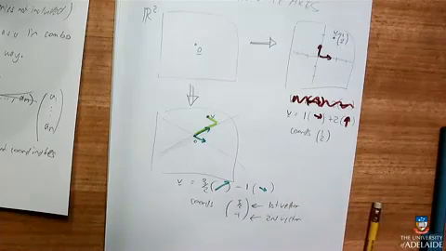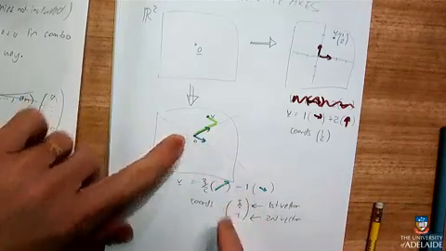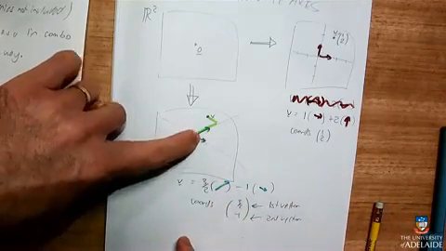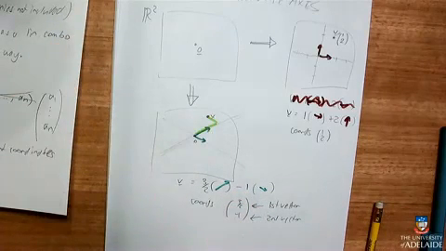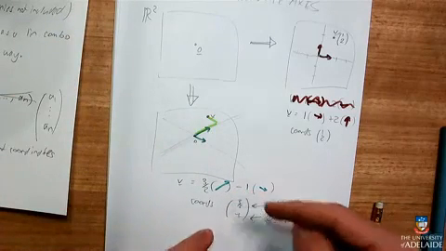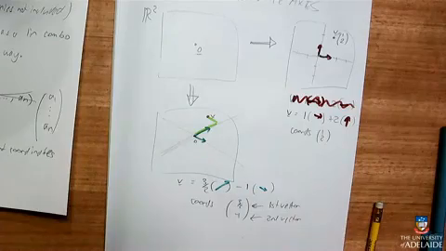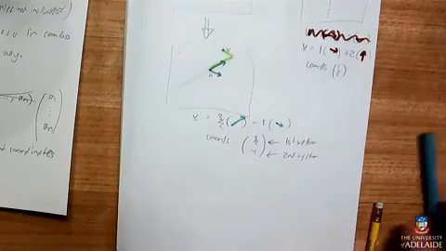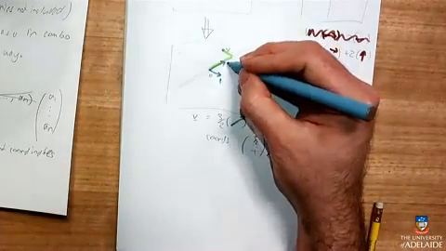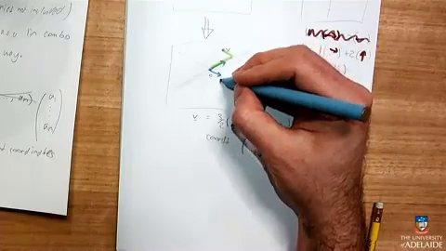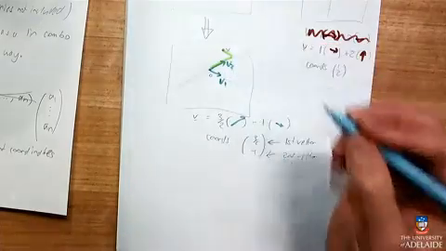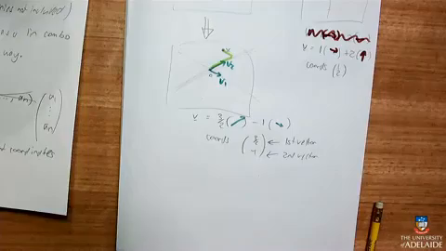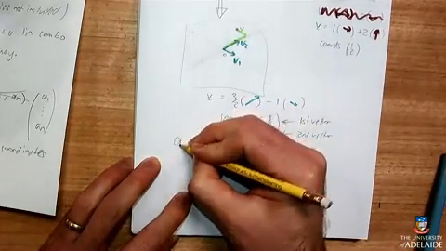I could have chosen the other one to be my first vector, and this one to be my second vector, in which case the coordinates would have been -1, 3 on 2. So this could have been vector 1, and this could have been vector 2, like that.